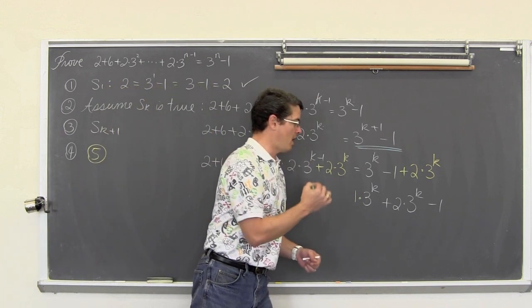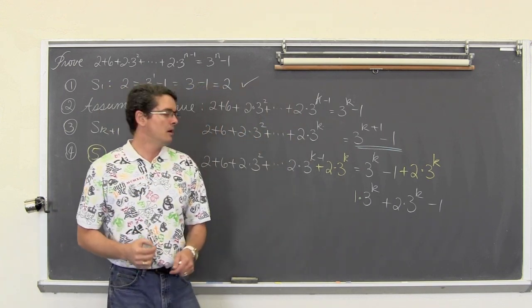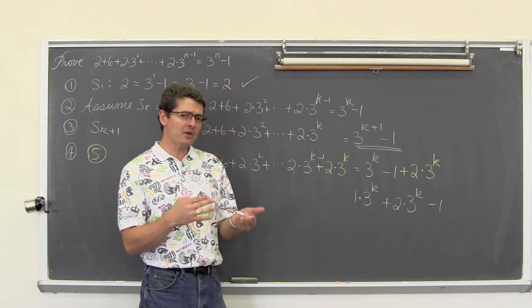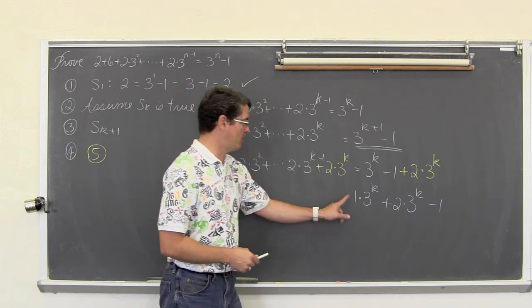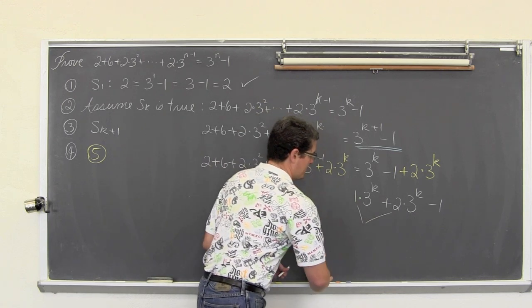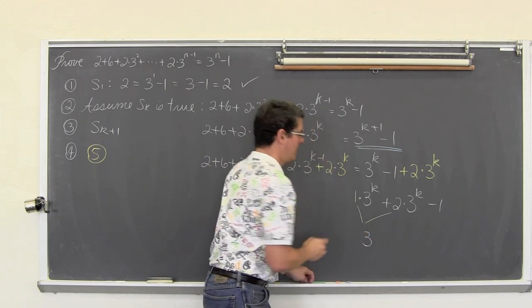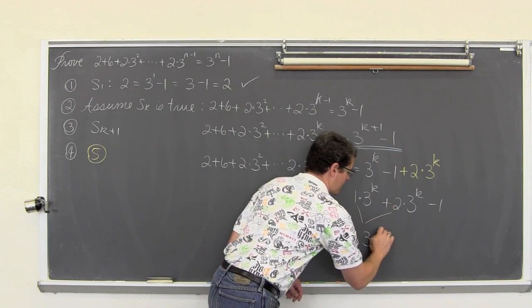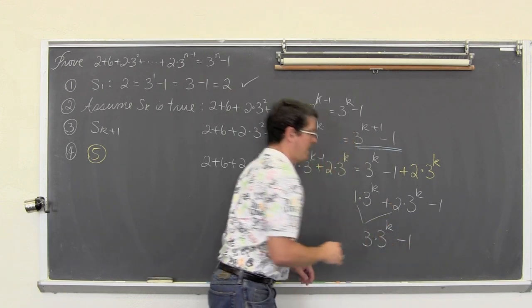So when I do 1 times 3 to the k plus 2 times 3 to the k, I'm going to add those numbers out front and get 1 plus 2 is equal to 3. And then we're going to just copy this down, 3 to the k minus 1.